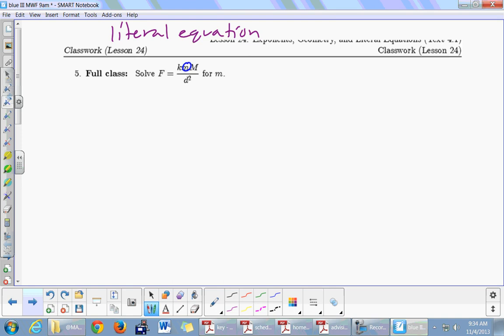Okay, so m, little m, is the only variable. Everything else needs to move away from the m. So for example, this d squared on the bottom needs to get over to the other side. What's the opposite of dividing by d squared? Multiplying by d squared. So I'm going to multiply both sides by d squared. Let me write that equation again.